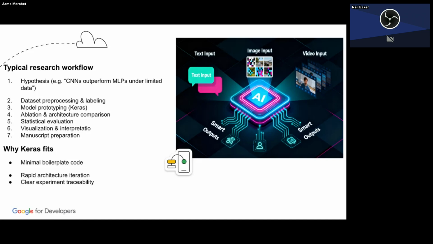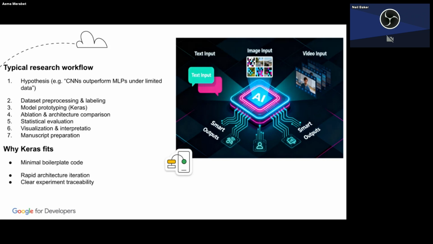Then step 2 is dataset pre-processing and labeling. After we gather the data, we clean it and we label it. For example, if we are working with LC25000 or any internal dataset, imagine. This is an example of the dataset.